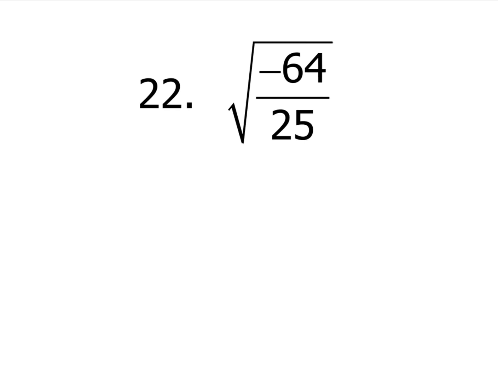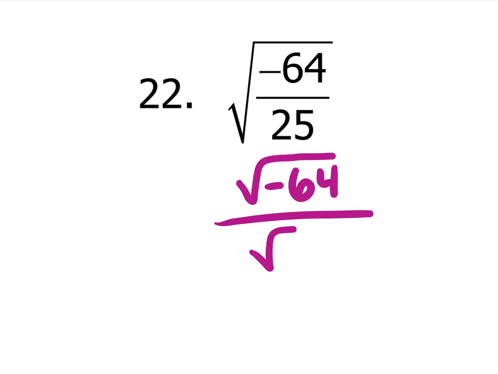Now on this one, remember that you have to separate your radical because you have a fraction. So I'm going to rewrite this with the square root on top and square root on the bottom. So square root of negative 64 over square root of 25. Now when I go to break down negative 64, remember I have the even and I have a negative.